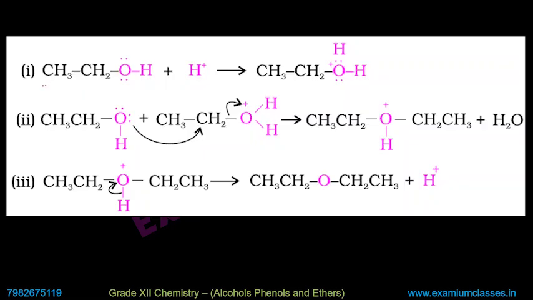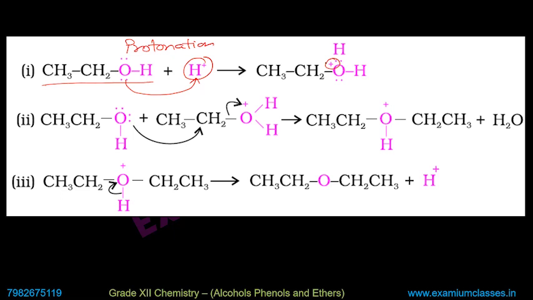So first, alcohol with H plus, this is protonation. First step is protonation. H plus gets attached, and because H plus gets attached, this oxygen has provided both of its electrons to hydrogen. That's why oxygen gets positive charge.